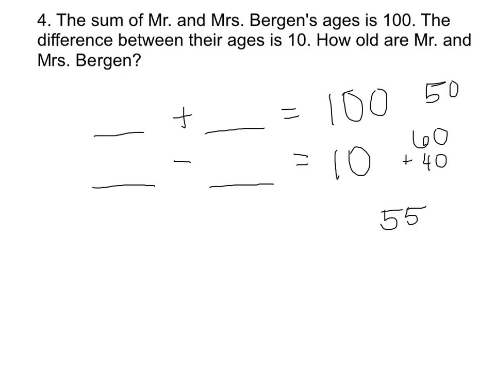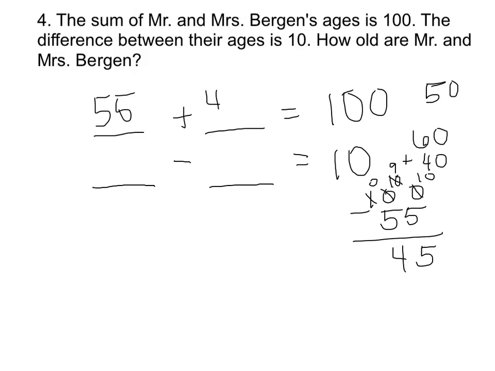And if I want to know what the other age would be, I would have to subtract that from 100. Borrow, get my 10, borrow another one, get my 9. I'd have a 5 here. 9 minus 5 is 4. So let's try 55 and 45. So do 55 and 45 add up to 100? Yes, we just did our work here to double check that.